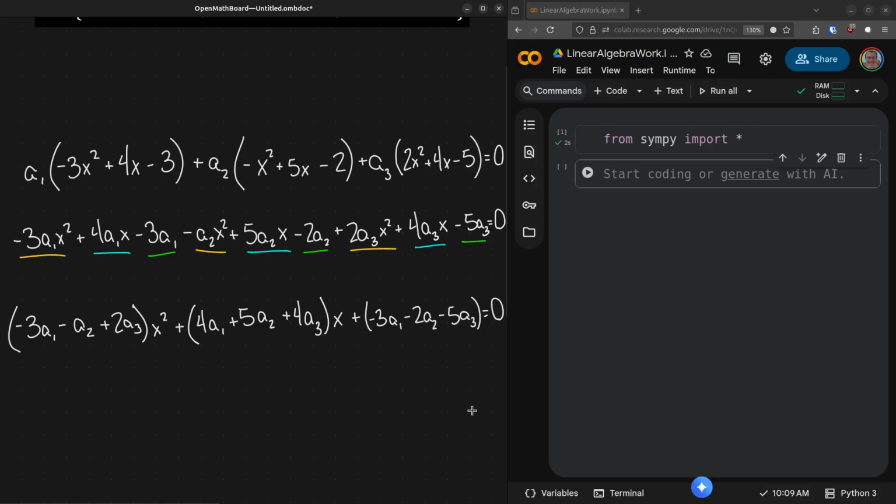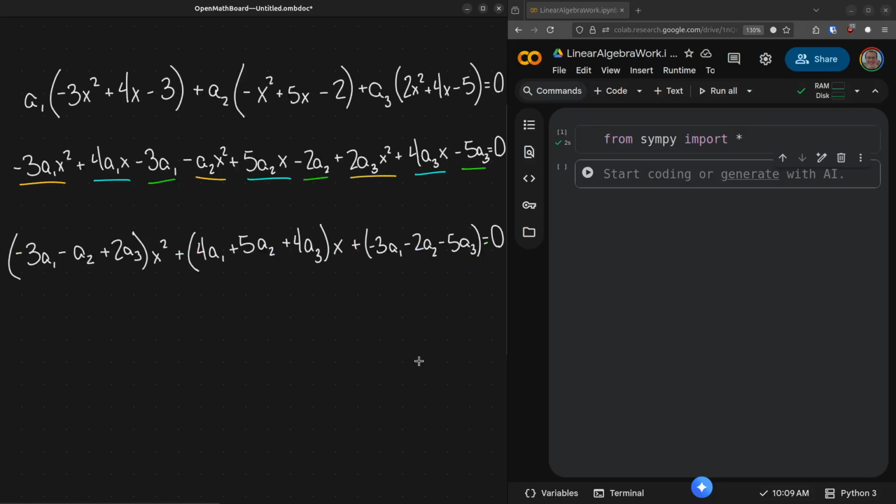So I could set the coefficients for each variable equal to 0. So negative 3a1 minus a2 plus 2a3 has to be 0. That's the coefficient of the x squared.